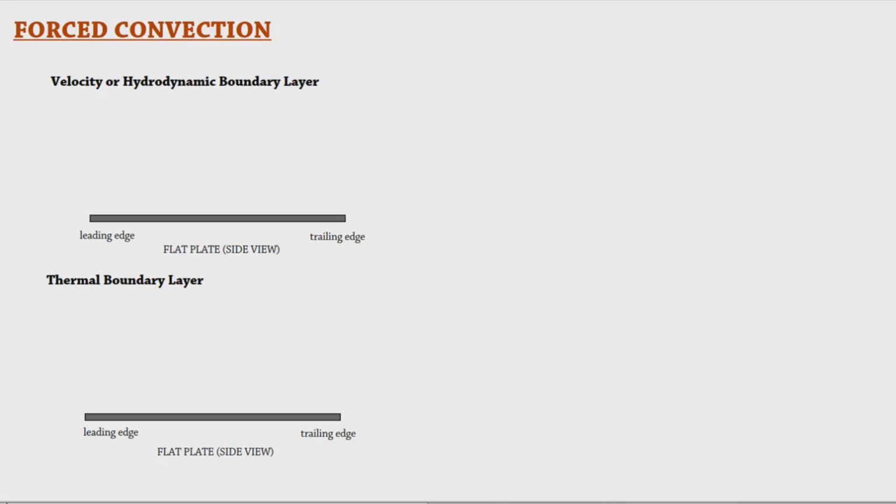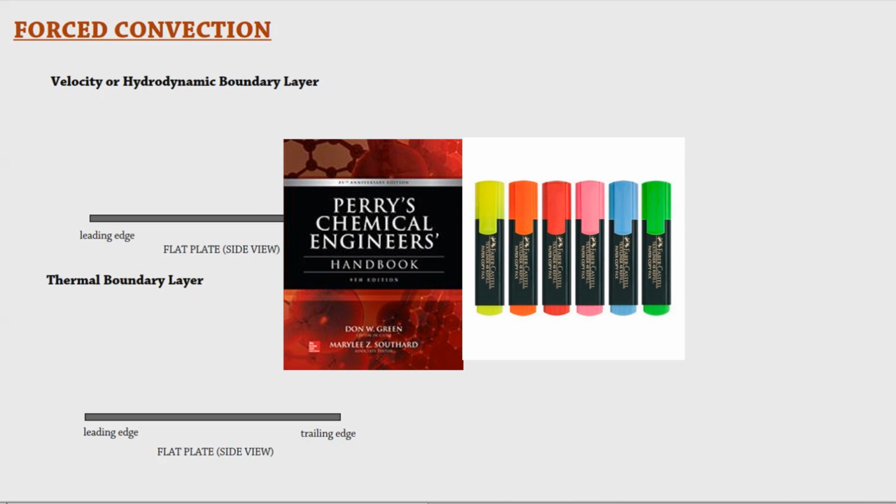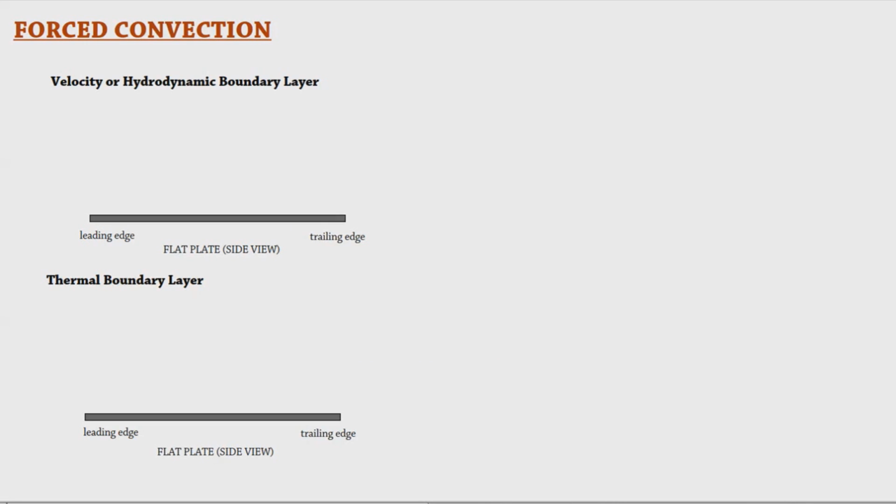So now we move on to the discussion of forced convection, and I wanted you to take your Paris Handbook and some highlighter if you want. Of course, I'm not forcing you to highlight or mark your Paris Handbook, but this will be very efficient when you're solving this kind of problem, since there are a lot of equations inside your Paris Handbook, and you might get confused when you're trying to solve this.